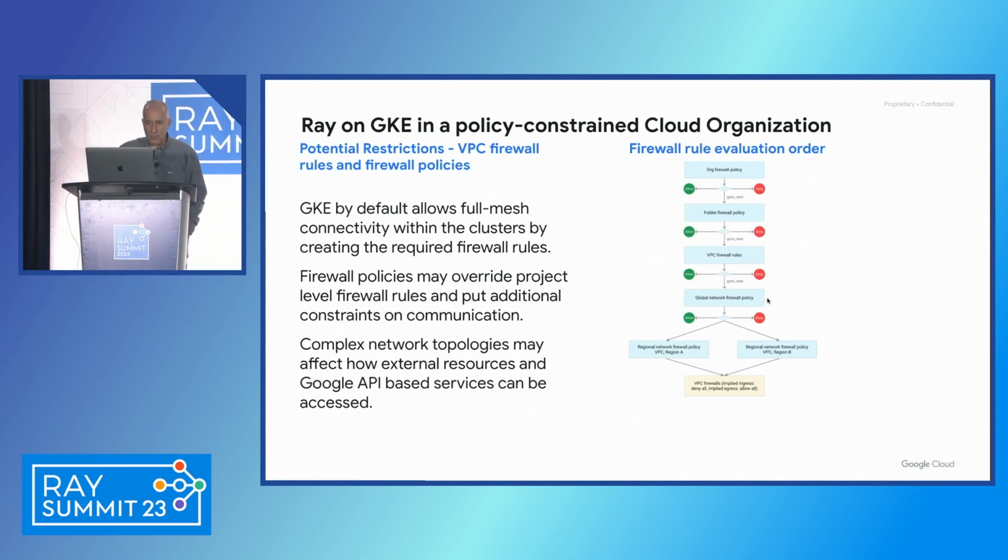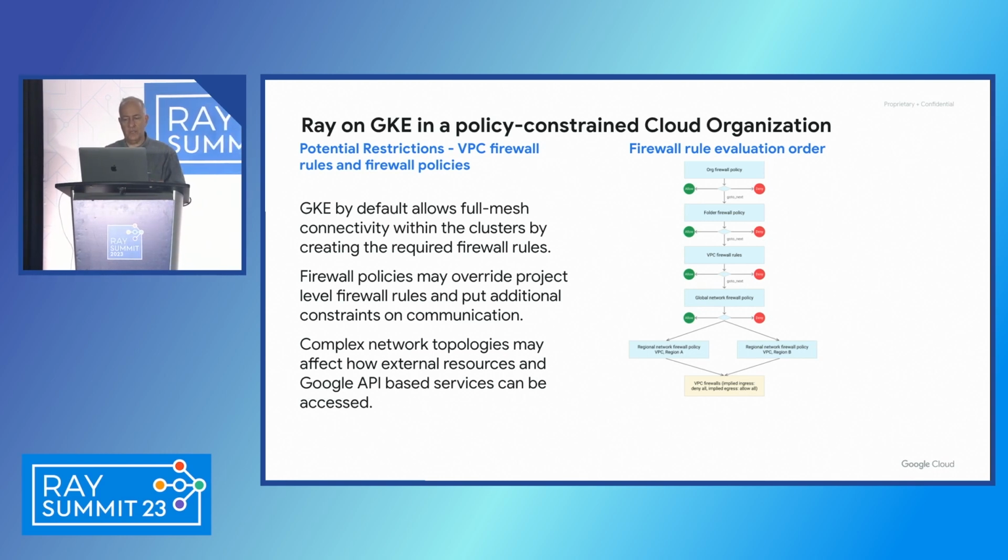Another important aspect of GKE in a policy-constrained organization is the potential VPC firewall restrictions. GKE by default allows full mesh connectivity within a cluster by creating all the required firewall rules it needs.